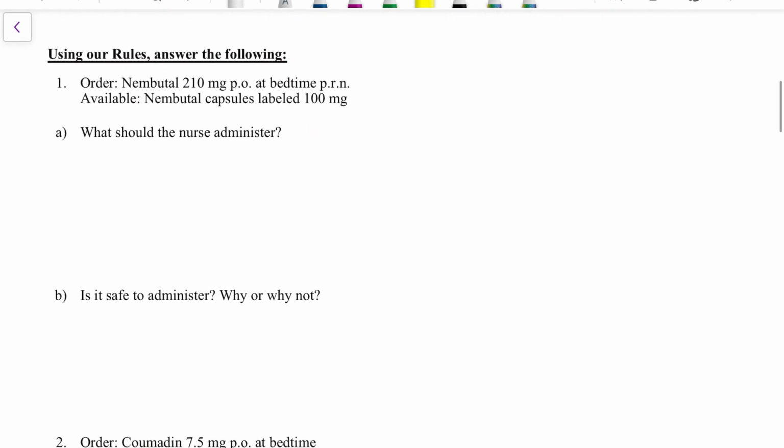Let's look at another example. We have another medication here: 210 milligrams PO by mouth at bedtime, PRN, or as needed. So again, remember this means by mouth, and this means as needed.